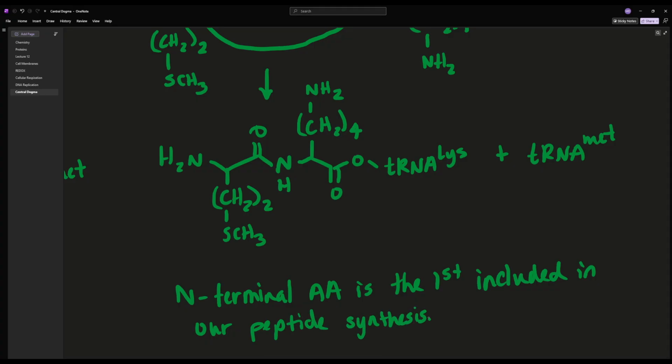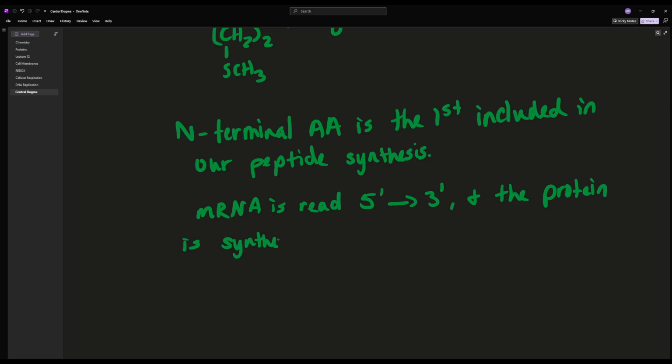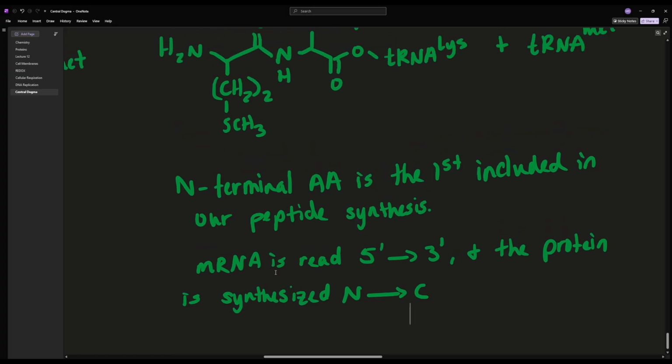In other words, the mRNA is read 5' to 3', and the protein is synthesized from the N terminus to the C terminus.